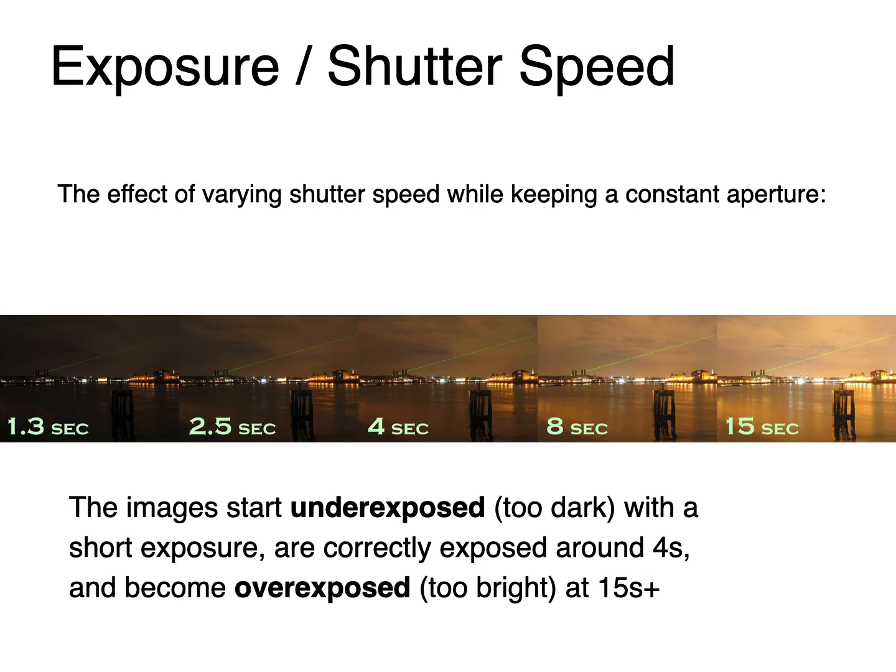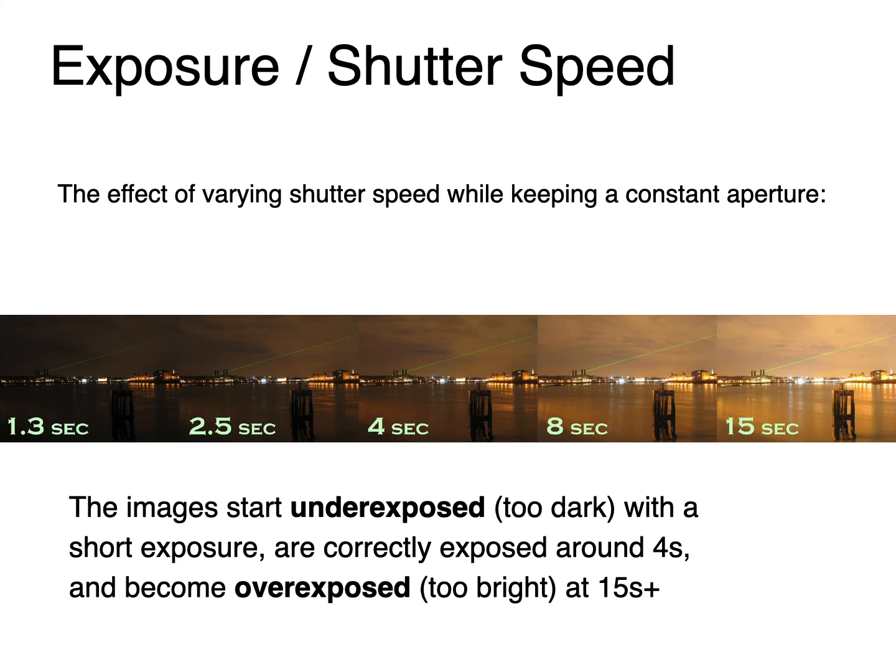If the shutter opens for 15 second, the amount of light falling is more, so you get a brighter picture. The images start underexposed with a short exposure, are correctly exposed in the middle at 4 second, and become overexposed, just too bright, at 15 second.